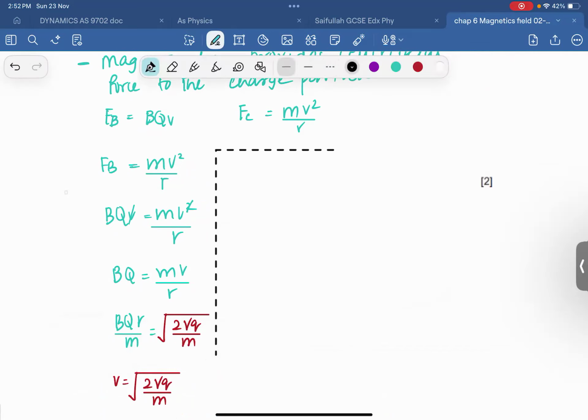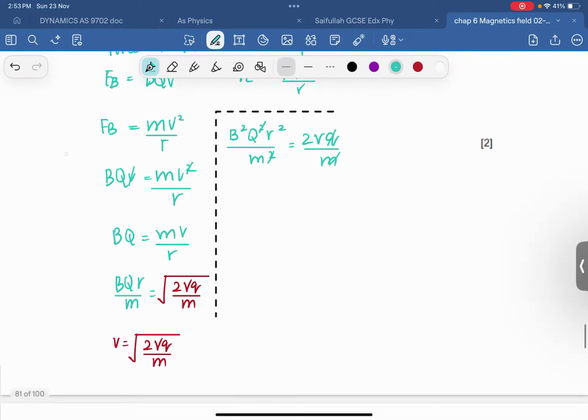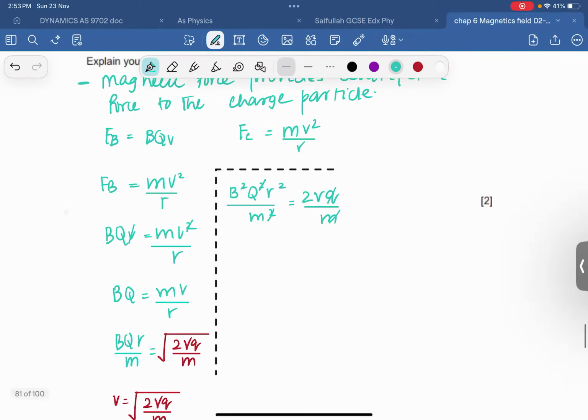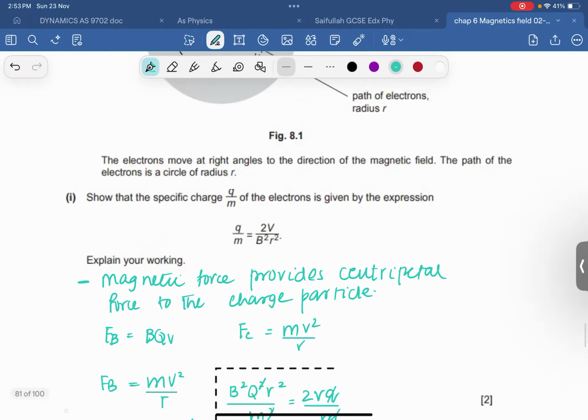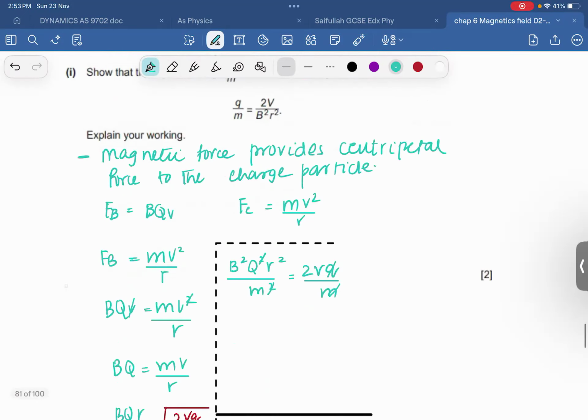So now after equating the two things and removing the root, it becomes B squared q squared r squared over m squared is equal to 2Vq over m, right? So m squared goes off, q squared goes off, and we want the specific charge to mass ratio. So q over m is required, okay?